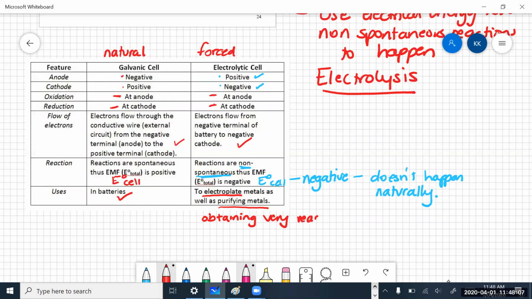The only way you can get sodium is by electrolysis. There is no way to actually separate sodium from its compounds unless you use electrolysis. And that's what we're going to be focusing on in our next video. So I'm going to end this one now, and we'll continue with looking at electrolysis of molten salts next time.